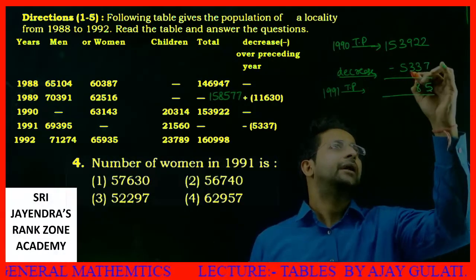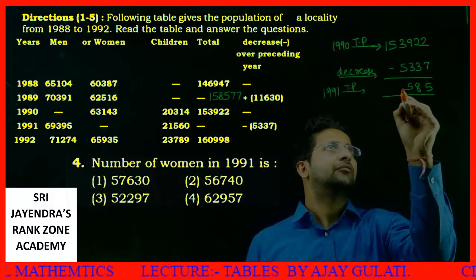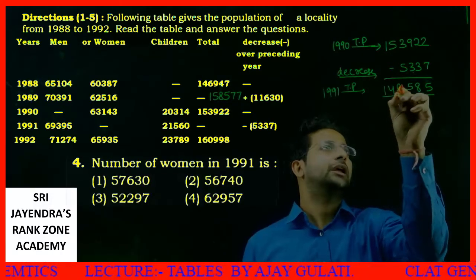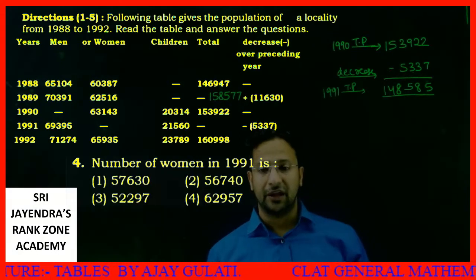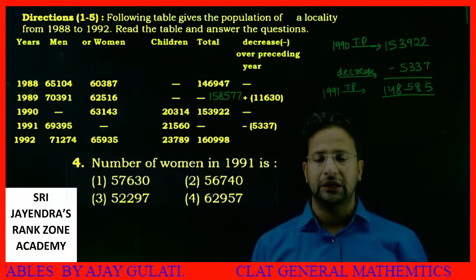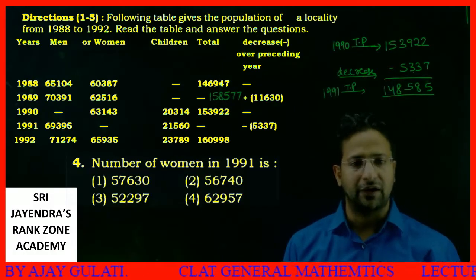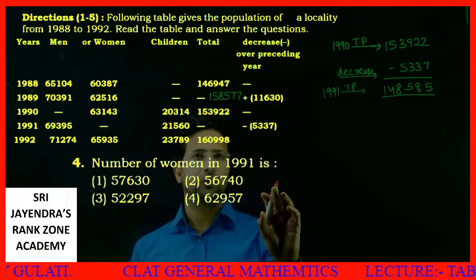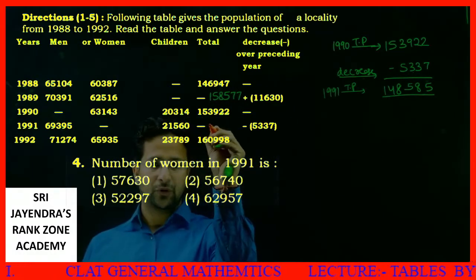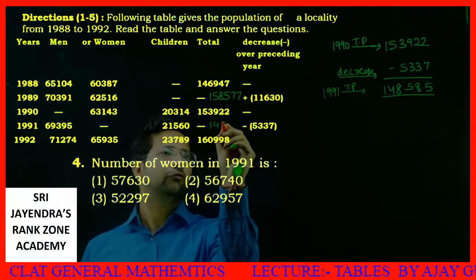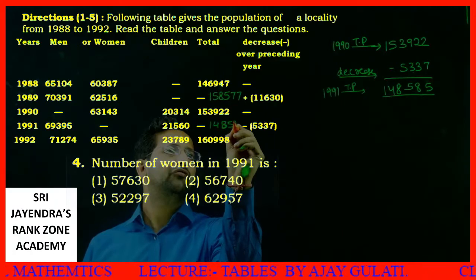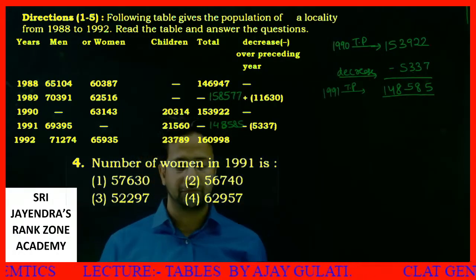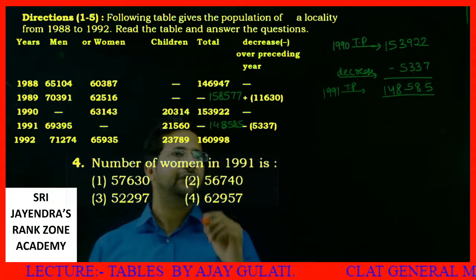Then 8 minus 3, 5. 153 minus 5, 148. This is the total population in which year? 1991. Okay, this is 148585. Let me just fill it. 148,585.